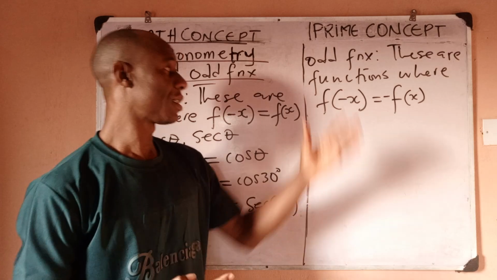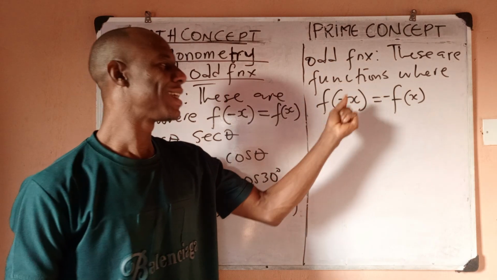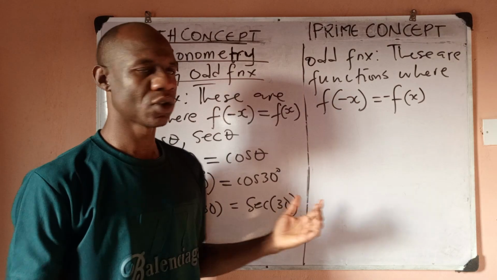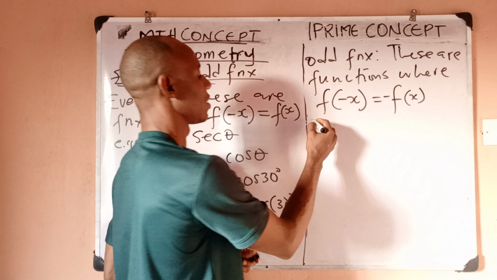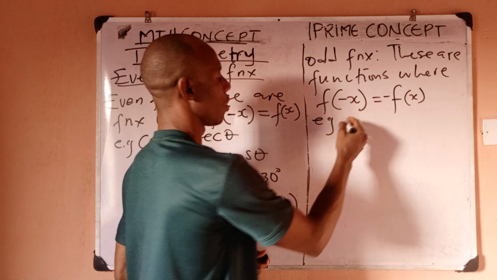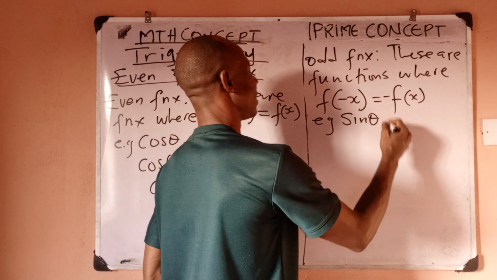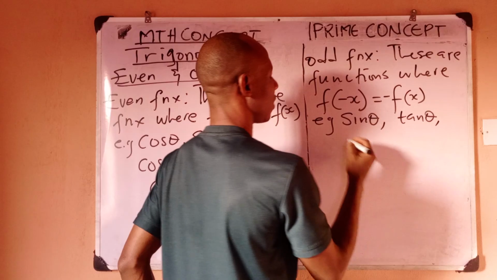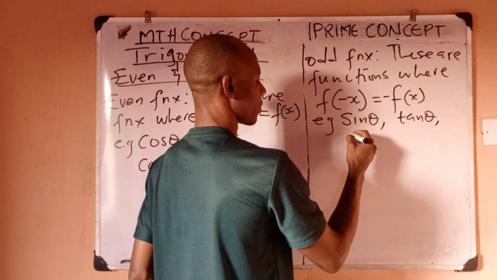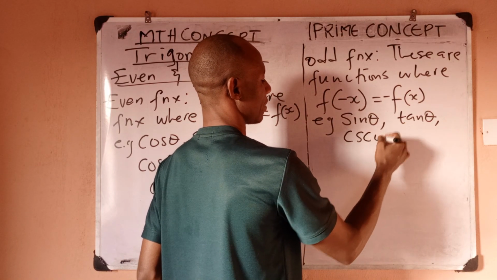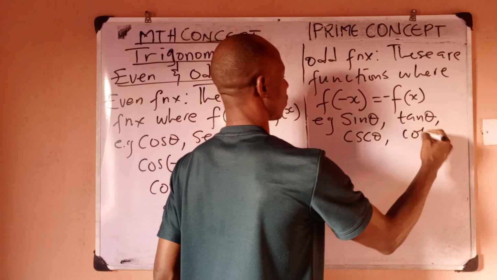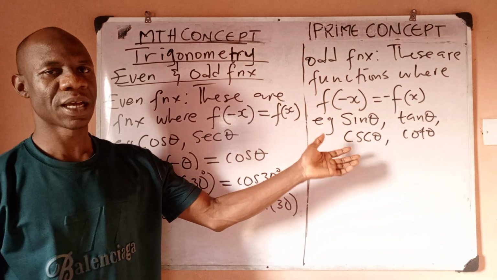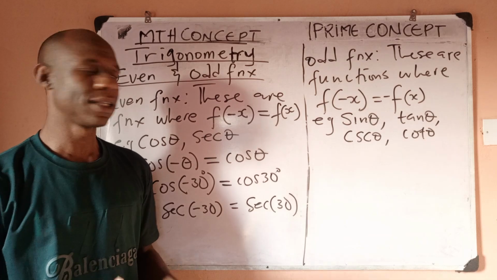So it means that for odd functions, the negative sign reflects at the back of the function. The trig functions that are odd include sine, tangent, cosec, and then finally cot. These are the odd functions for trig that we have.